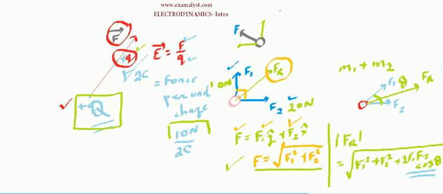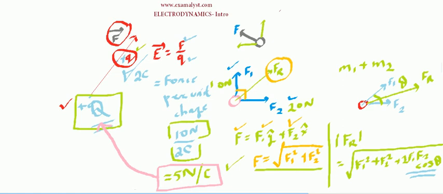If I divide 10 Newton by the test charge 2 coulomb, what do I get? I get 5 Newton per coulomb. This number actually tells me the strength of plus Q. So what is plus Q?